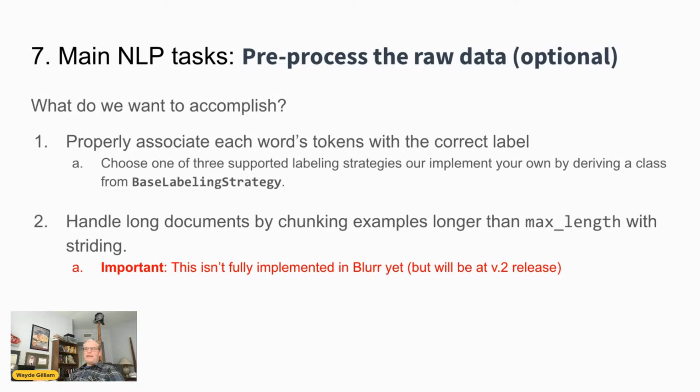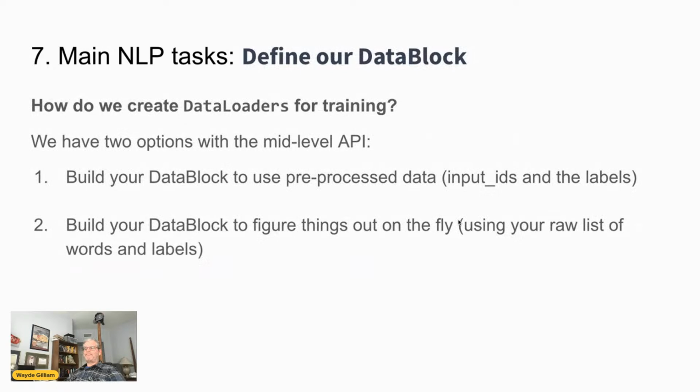If it does, it's great, because folks working with long documents will be able to just pass them at inference time into Blur and have token classification without having to chunk those documents up ahead of time. I plan to have this at the release of version 2, which will come sometime after this study group.